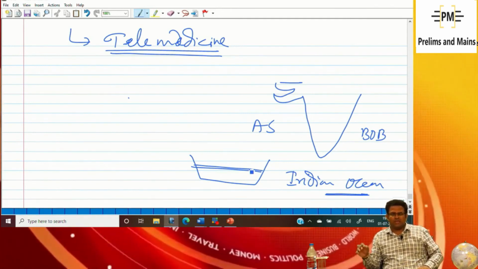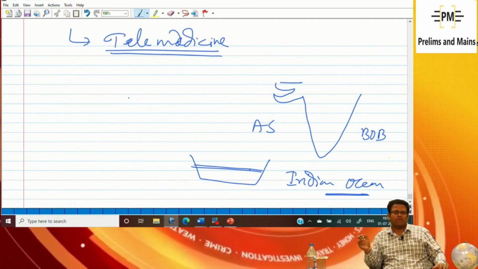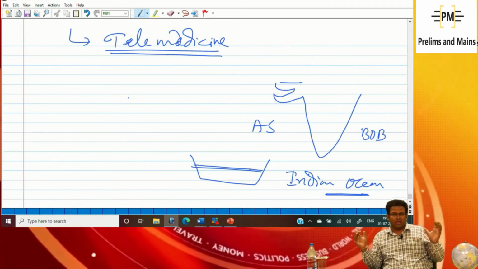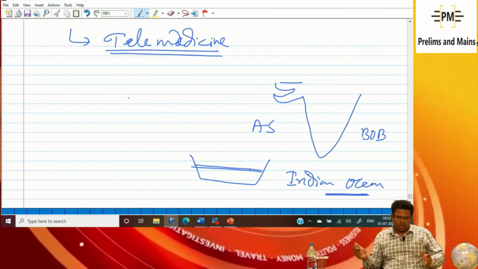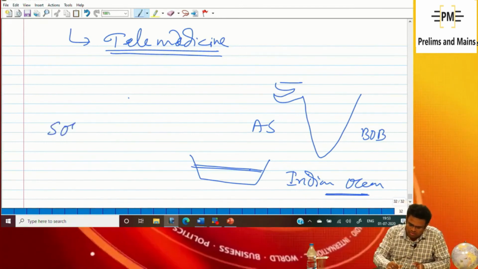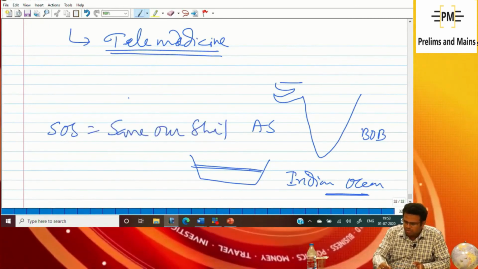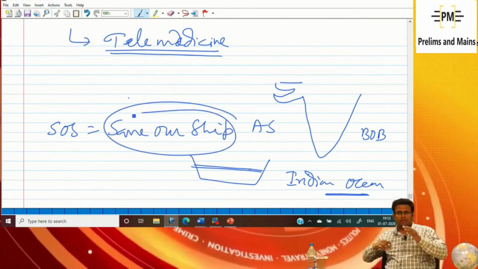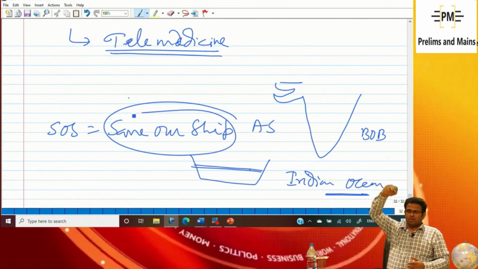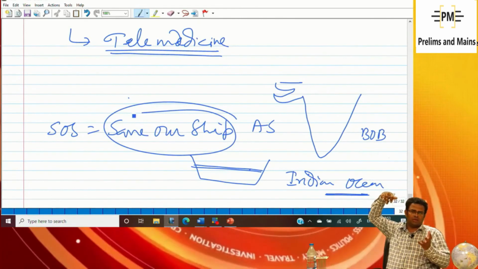My next point is that one ship is sinking in the ocean, like we have seen in the Titanic movie. They used to send one thing, an SOS signal. SOS signal means save our ship. This signal will go to that satellite over there, because the ship is very far from the Indian coast, somewhere in the Indian Ocean, and it is in some problem.